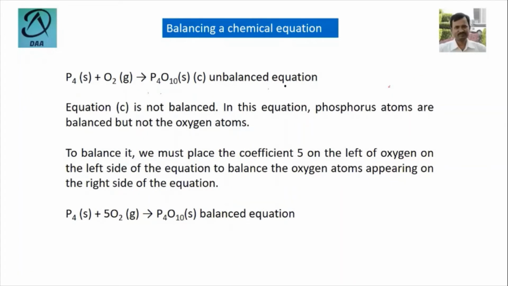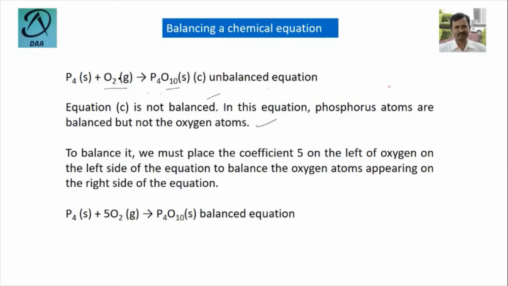For this unbalanced equation, phosphorus atoms are balanced, but not the oxygen atoms, as we already discussed. To balance it, we have to use a coefficient. Here the oxygen atoms on the right side are 10, and on the left side the oxygen atoms are 2.